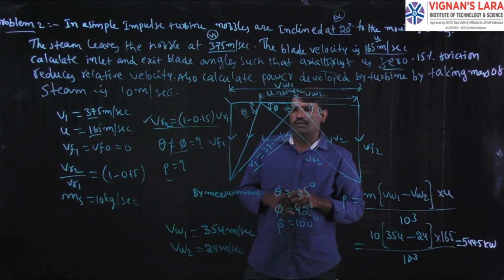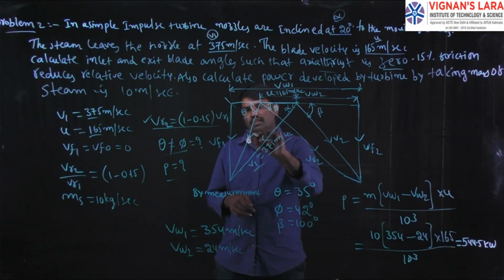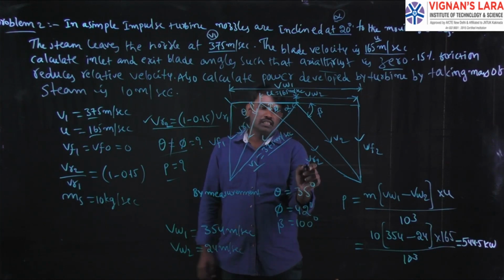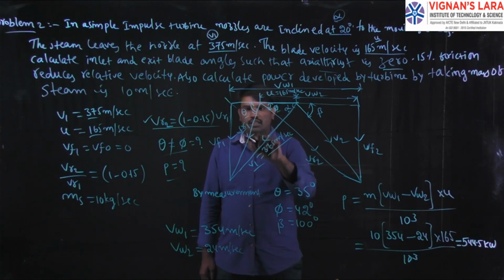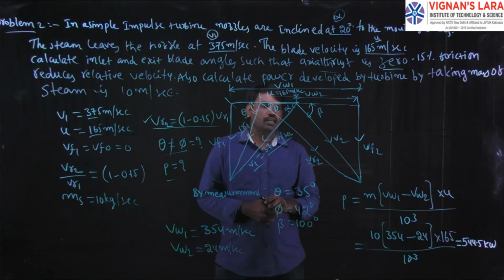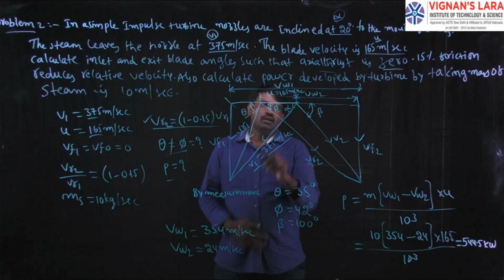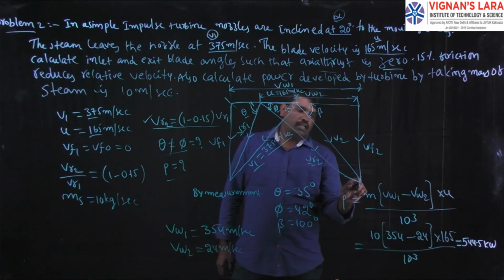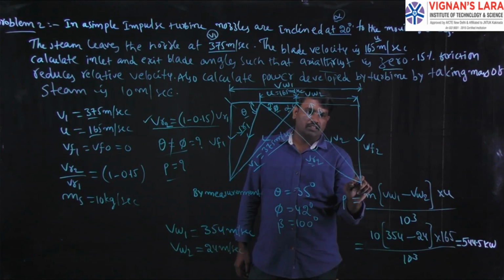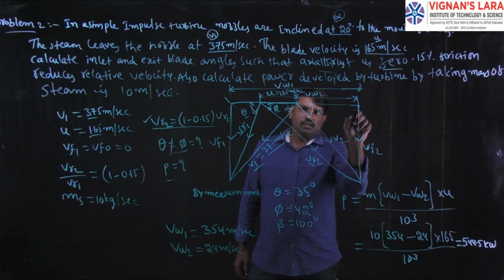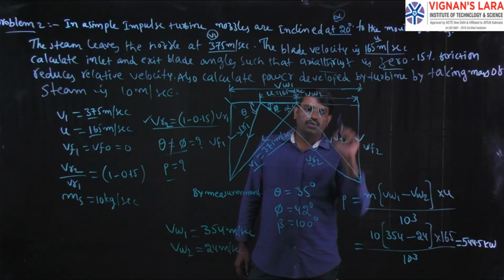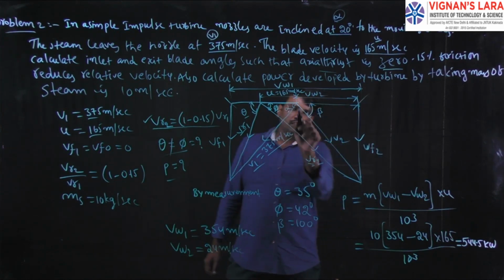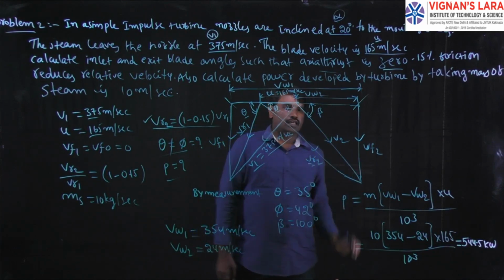You can also measure VR1, and after knowing VR1 you can easily calculate VR2. After calculating VR2, draw a VR2 length of line and extend it vertically up to the extension line of U. They both intersect at one location, and then you complete the exit velocity triangle.